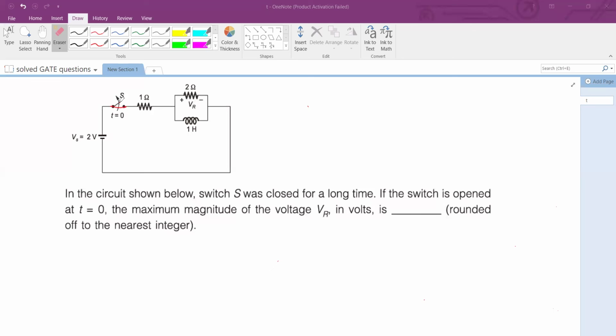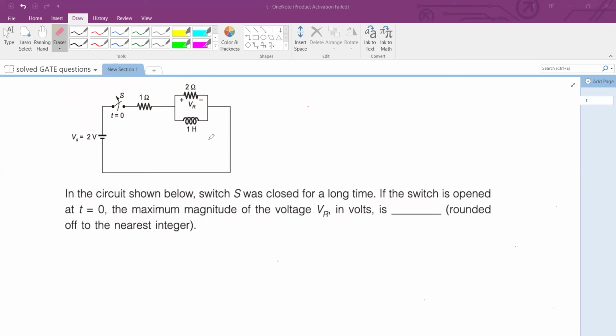If the switch is opened at t equal to 0, we are asked to calculate the maximum magnitude of the voltage across this resistor, that is VR.